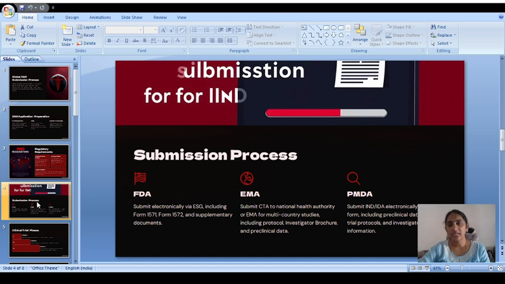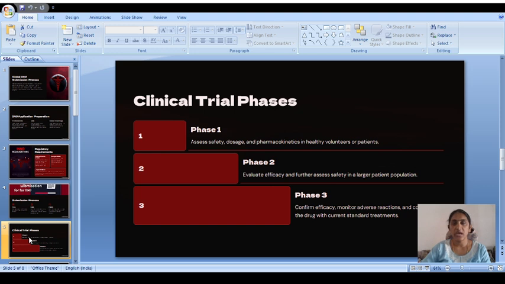For the PMDA, submit the IND electronically or in paper form, including preclinical data, clinical trial protocols, and investigator information. Coming to the phases, we have four different phases of clinical trial: three before marketing and the last one is post marketing.